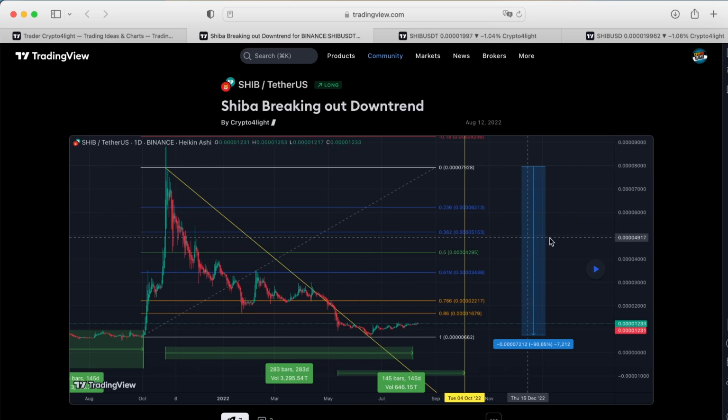So take a look. The first mistake I made on that idea was that Shiba Inu breaks out of the downtrend line, breaks it and goes higher. No, guys. When we form the downtrend line, I also explained all of that in my educational video about downtrend lines, trend lines, uptrend lines, just the lines.